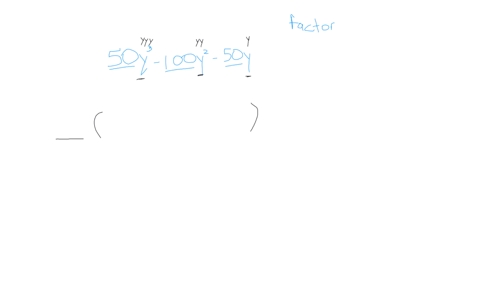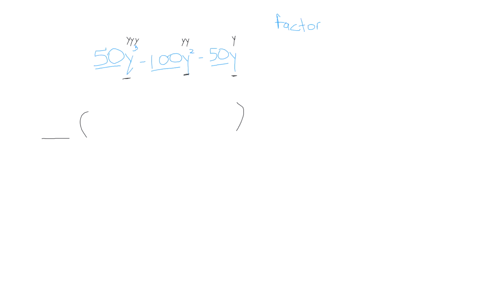One. They have one y in common because he doesn't have one y, he has two. He only has one. So I can't say that they have two in common because this guy only has one y. So I'm definitely going to take out a y.